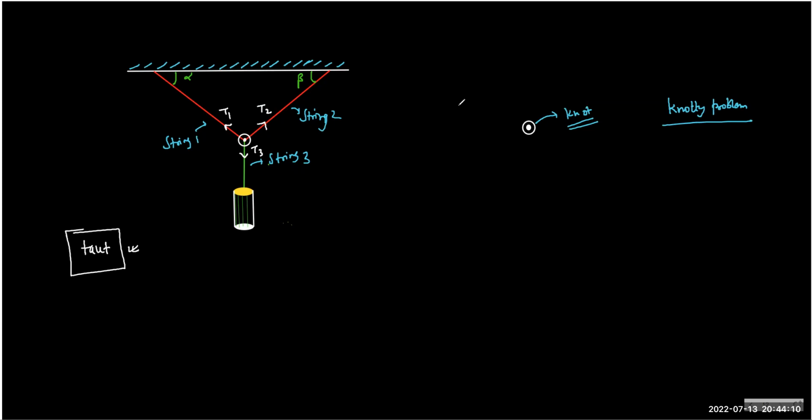Okay. So at this knot, how many strings do we have? At this knot, we have 3 strings, right? See, no one is going to tell you how to solve this question, but given the idea of vector, one should be able to judge that I have to draw these diagrams.